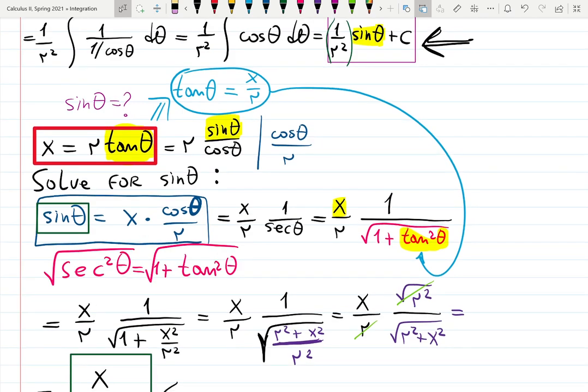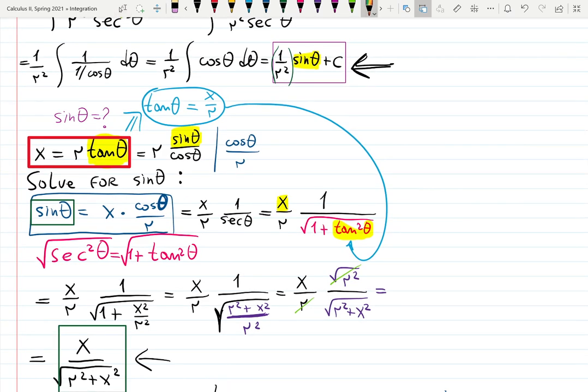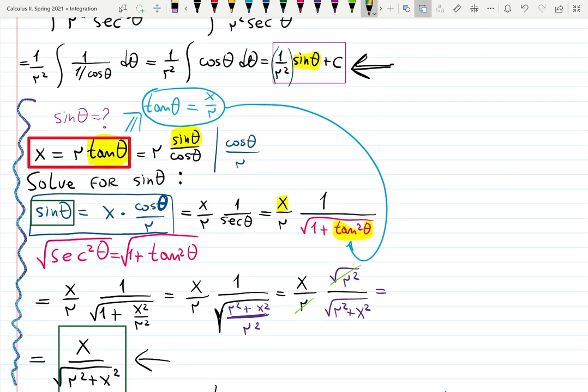And we avoided actually using a right triangle. This was this step. We avoided using a right triangle. We used lots of different ideas. Definition of tangent, sine over cosine, solved for sine. Then cosine was 1 over secant. Then we used this identity. So we used lots of stuff only in this step.